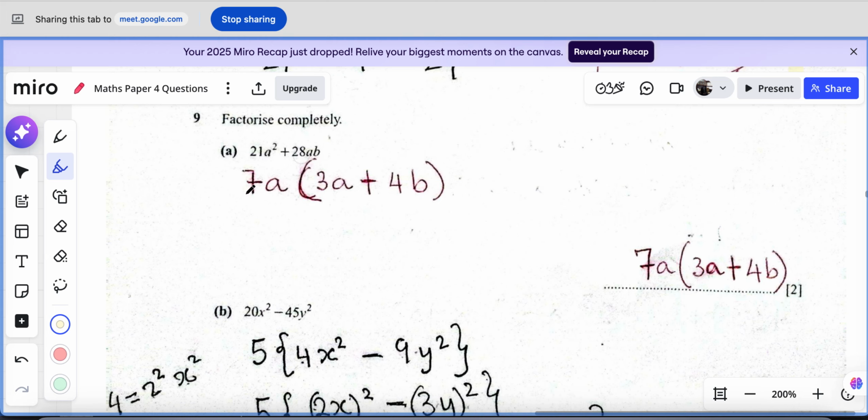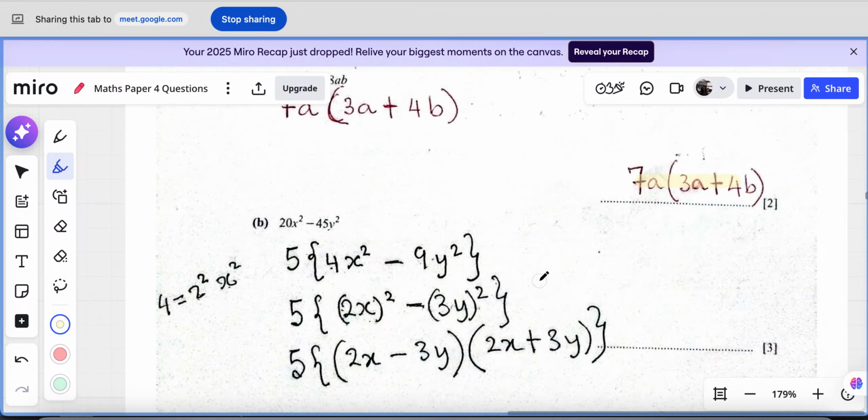Then 28AB divided by 7A: 28 divided by 7, you get 4. AB divided by A, you get only B. So our answer is as simple as this: 7A into 3A plus 4B. Finish, you write it down, you get your 2 marks if you're able to do this.